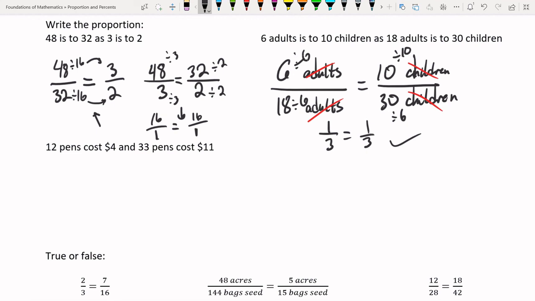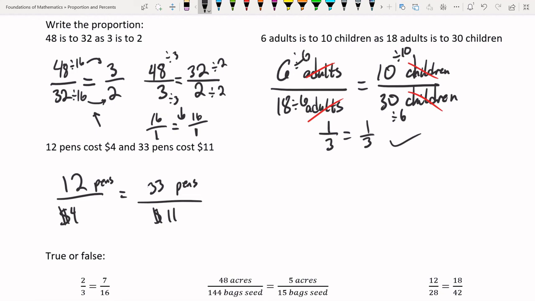All right, 12 pens cost $4. So in this case, I could write it as 12 pens cost $4 equals 33 pens cost $11, and this would be correct. The problem is that when you're doing a word problem, it's not written out in this form.